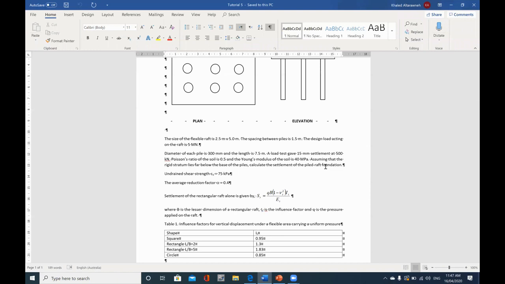You need to consider these two structures separately, calculate the amount of load carried by the pile group, then the amount of load carried by the raft, and calculate the settlement due to each load separately, and proceed with the calculation for the pile group as we have done in the last lecture.